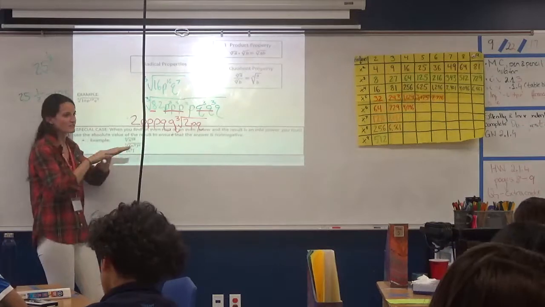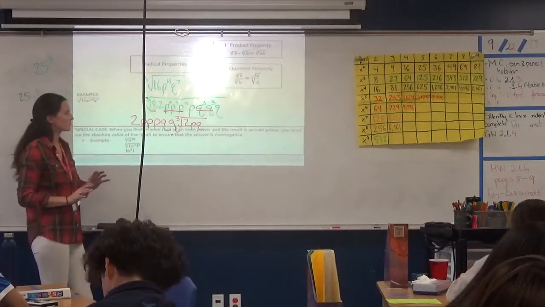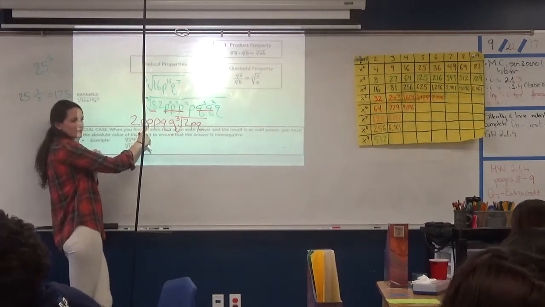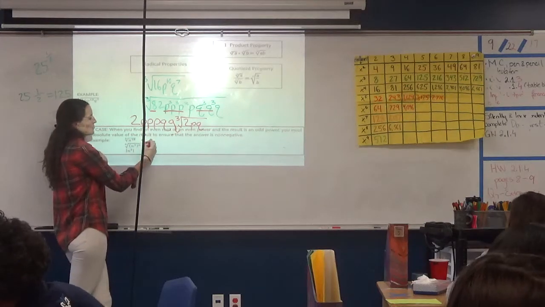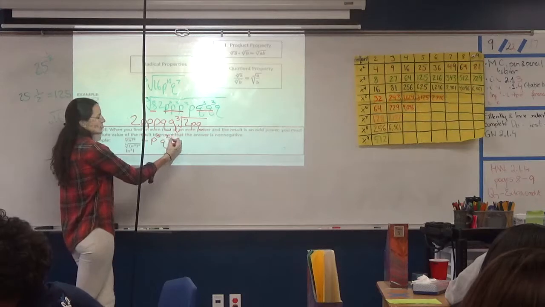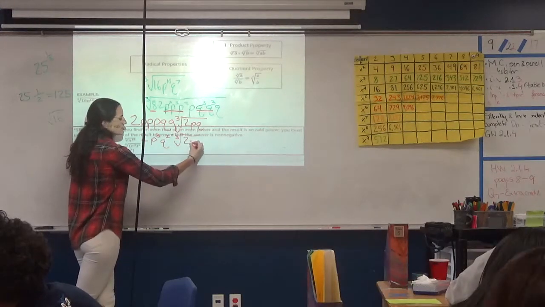So I'm going step by step. I'm showing you all of the things to show where this comes from. Okay, the last thing I want to do is, I don't really want to write p times p times p. I'm just showing you that that's what we got. So p times p times p is p cubed. q times q is q squared. And then I've got the cube root of 2pq.